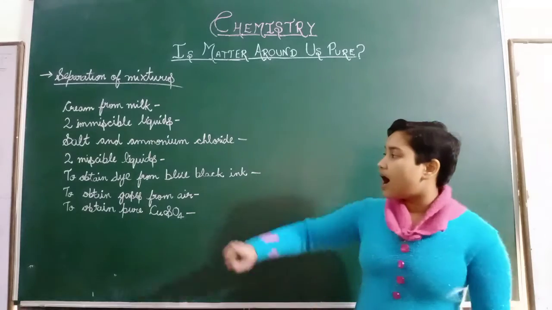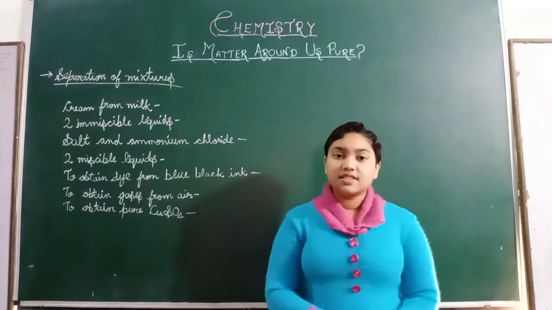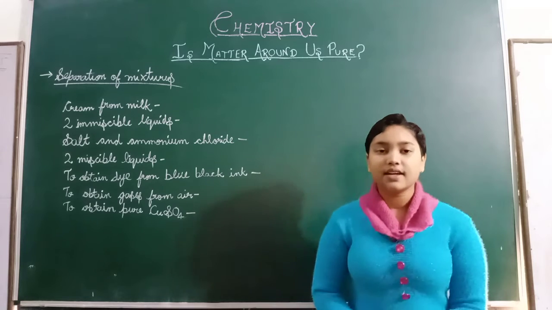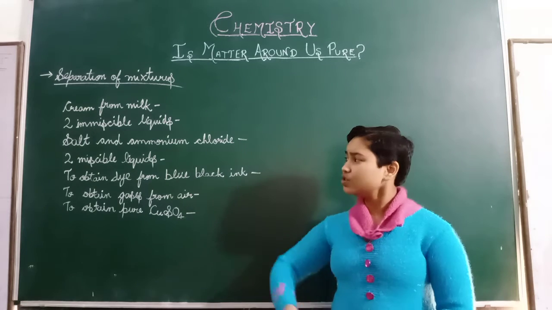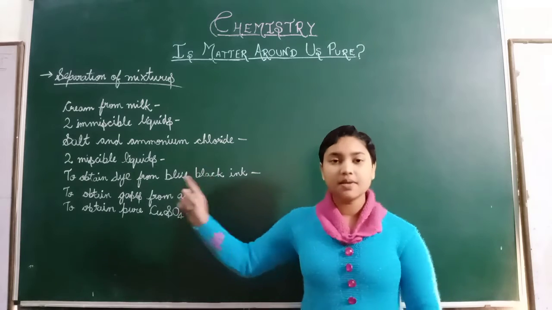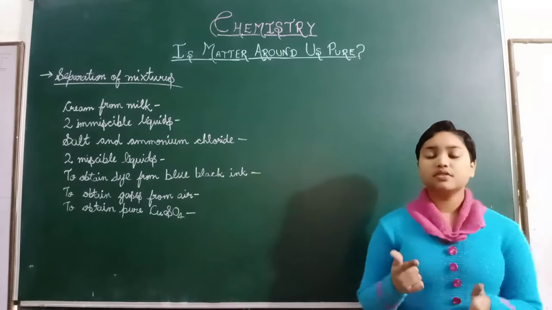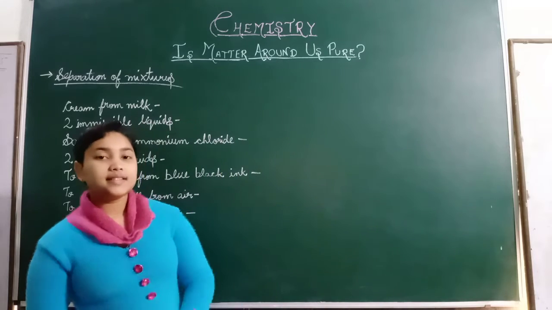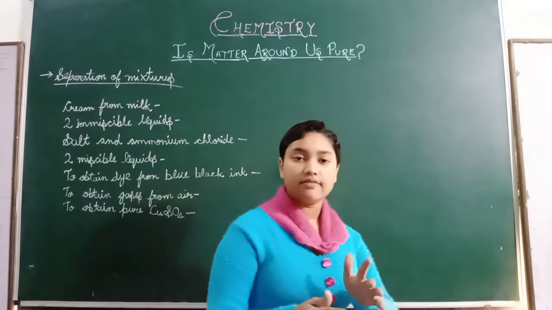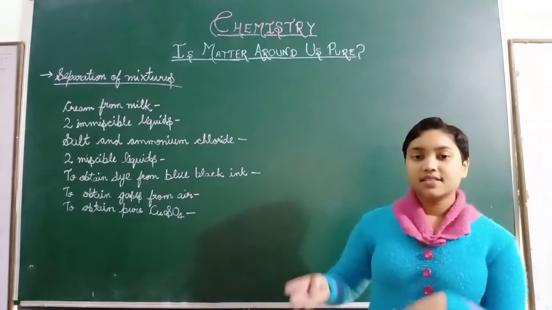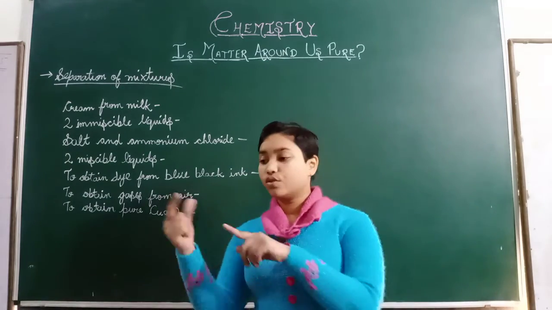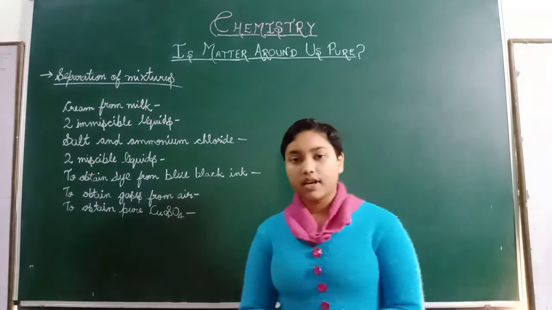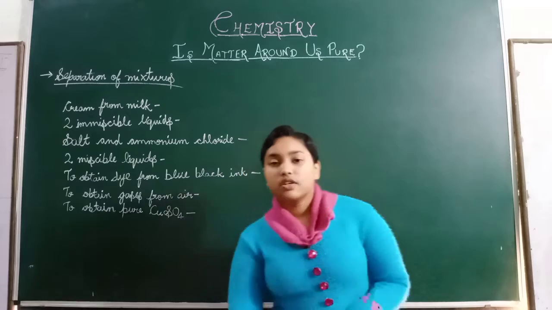Now we will learn how to separate two miscible liquids. Meaning, when two liquids are intermixed in each other, how can we separate them? To separate two miscible liquids, we will use the distillation process.